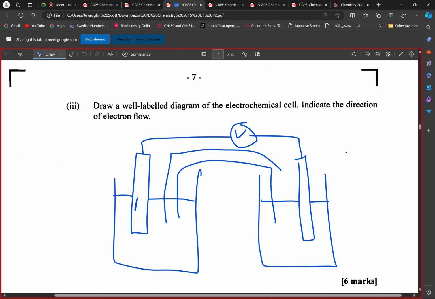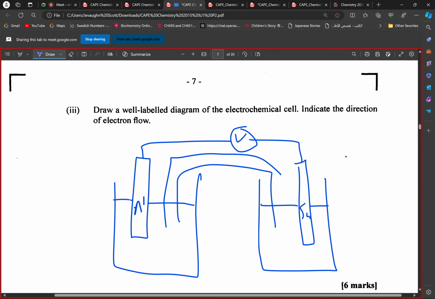So we have our aluminium over here and our tin over here. Our anode will be our what? Negative. Which is going to be our anode, positive or negative? Negative.